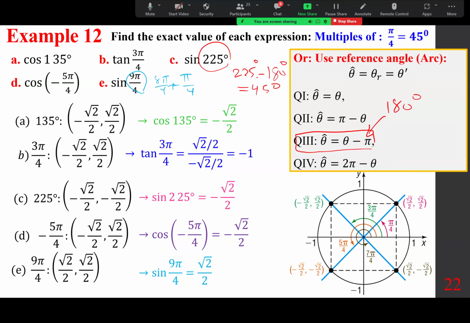So that means this is the same as sine of 45 degrees, but positive or negative, you have to figure out based on the quadrant. Because in the third quadrant, sine is negative, so it's the same value as sine of 45 degrees, which is square root of 2 over 2, and in the third quadrant, you make it negative. That's how you use reference arcs or reference angles.